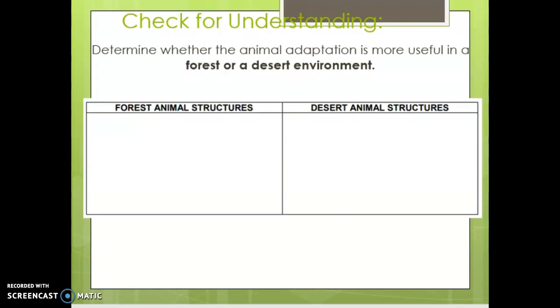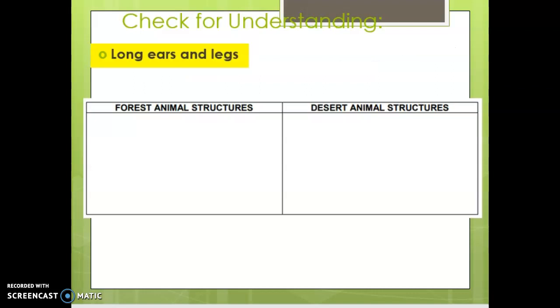Now it's time to check for understanding. You are going to determine whether the animal adaptation is more useful in a forest or a desert environment. Long ears and legs.